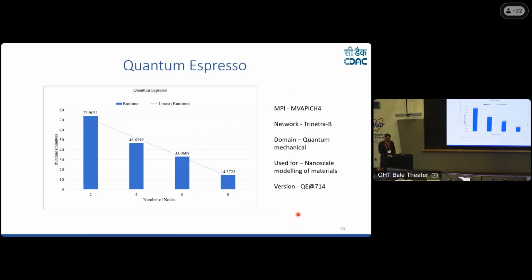Quantum Espresso is a quantum-based application from the quantum domain, which is used for nanoscale modeling of materials. Here you will see, as we are increasing the number of nodes, the execution wall time is decreasing, almost linearly, giving linear scaling.